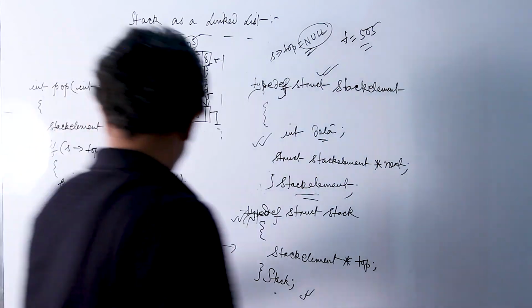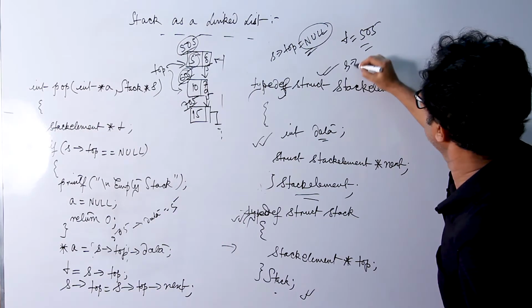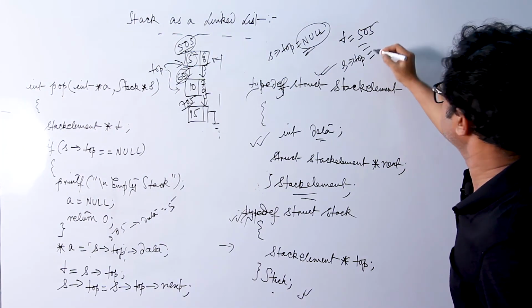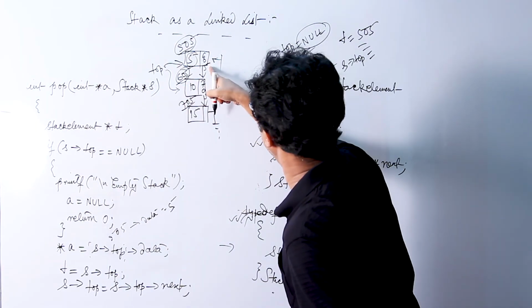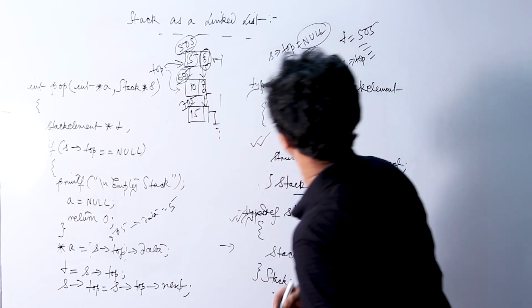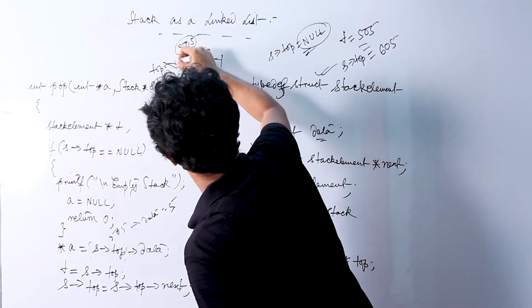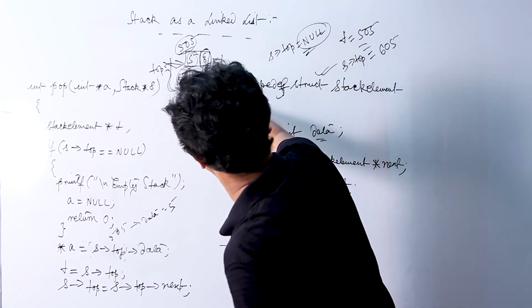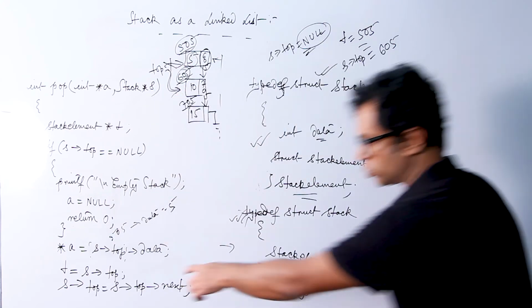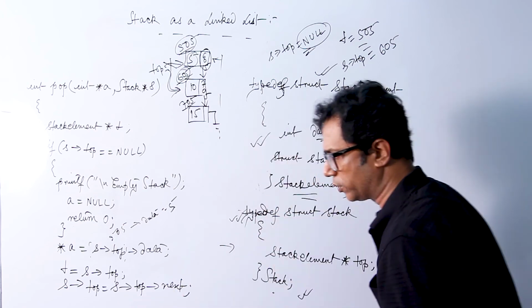S arrow top is equal to S arrow top arrow next. S arrow top arrow next is nothing but 605, so it will contain 605. So this top never points to here. The top now points to this 605 memory location.